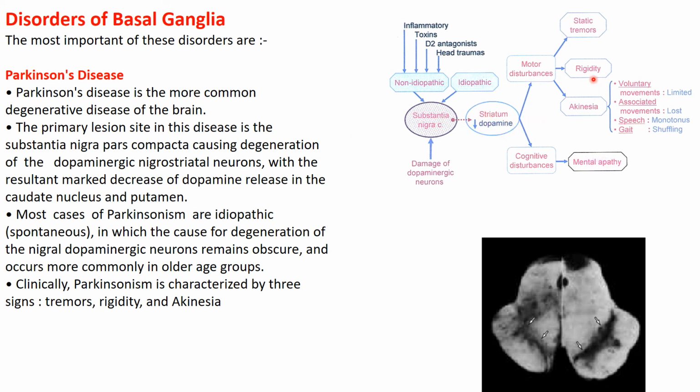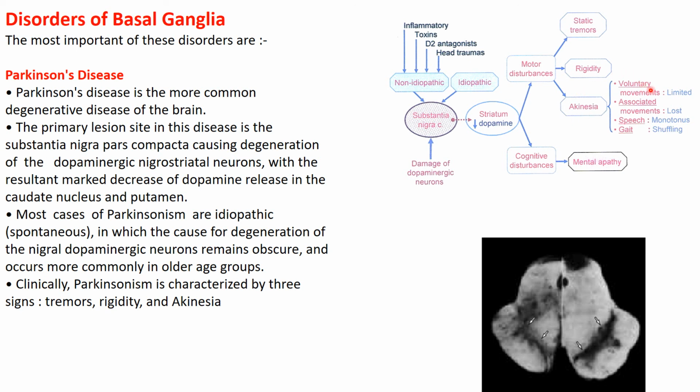And usually it will be associated with the major disorders including static tremors, rigidity, and akinesia or bradykinesia. These are the three main manifestations of Parkinsonism.